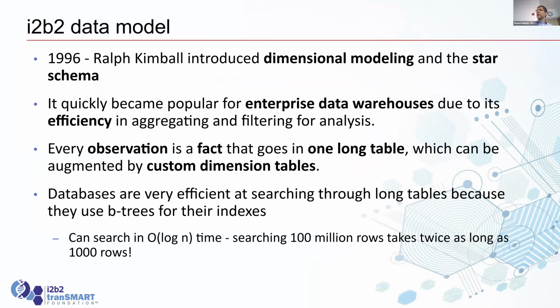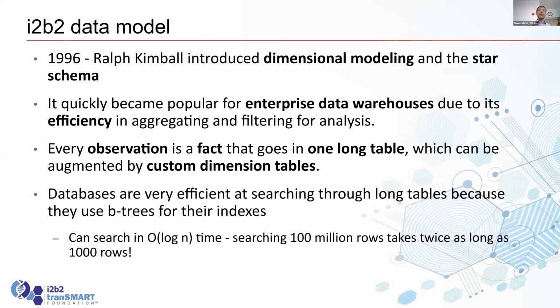So Ralph Kimball in 1996 introduced this thing called dimensional modeling. Before that, data tables used to be what you think of as Excel data tables with one column per each kind of thing, like a column for diabetes, a column for metformin. Ralph Kimball introduced this dimensional modeling where you have what's called a star schema.